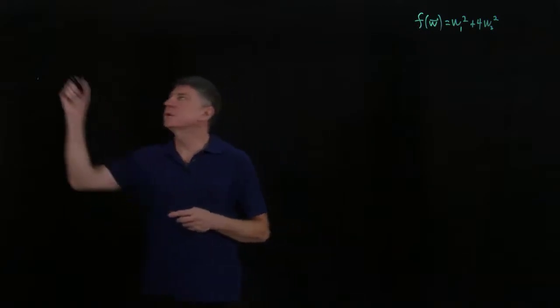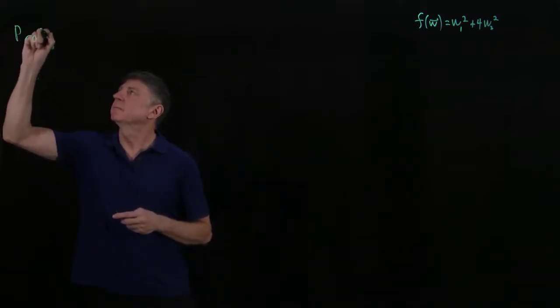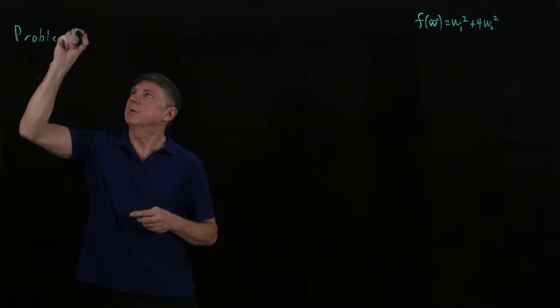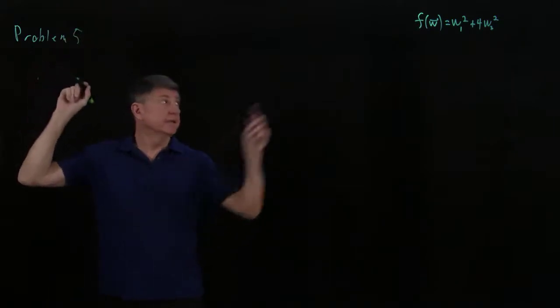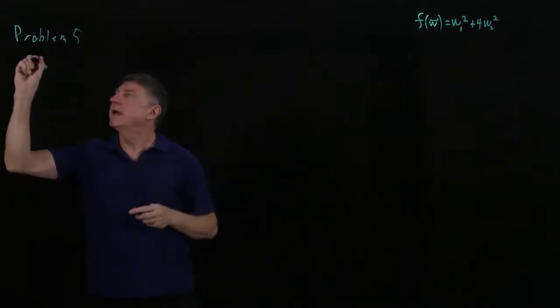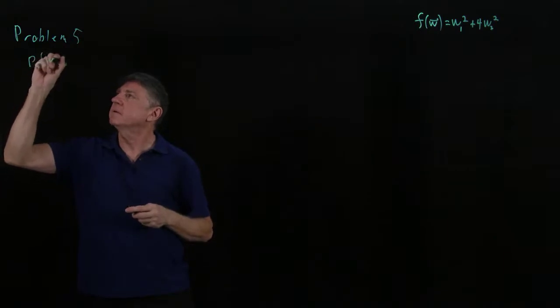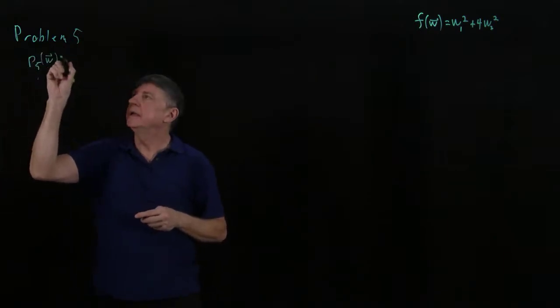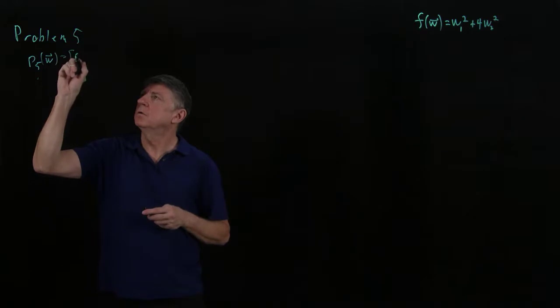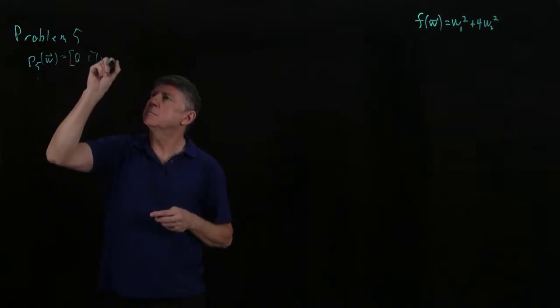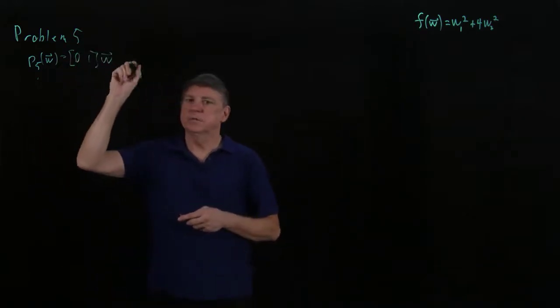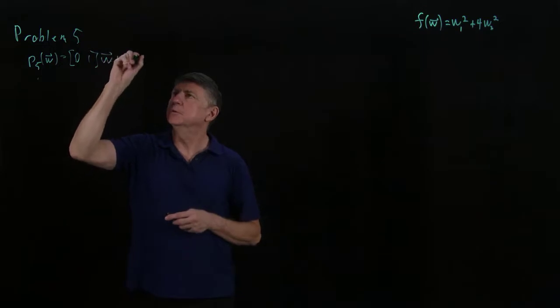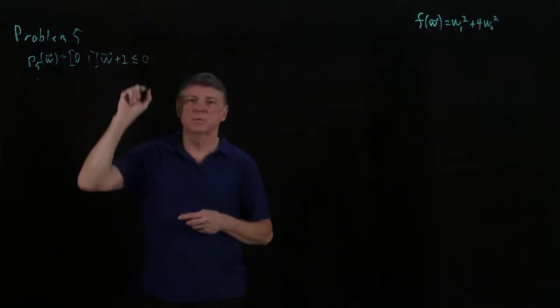So now let's look at our problem number 5. Problem 5 is this objective function, and property 5 is 0, 1 times the argument plus 2 is less than or equal to 0.